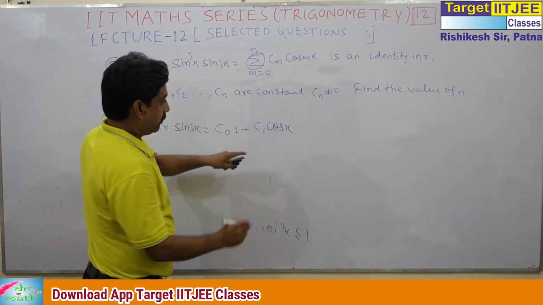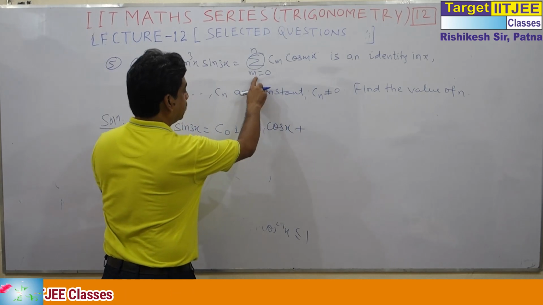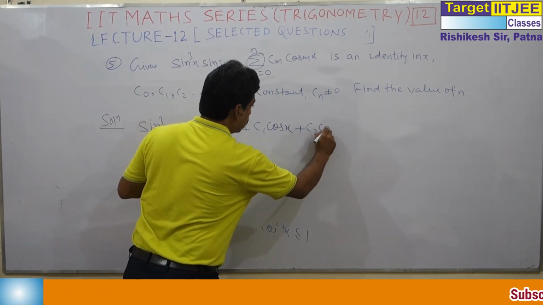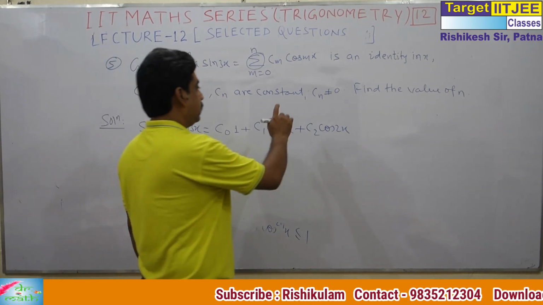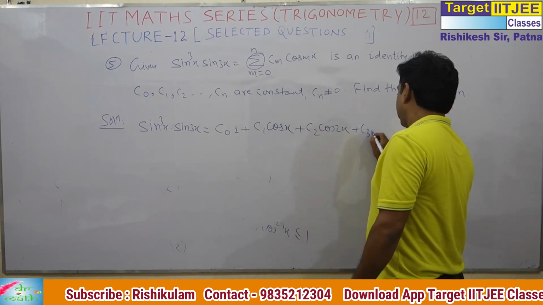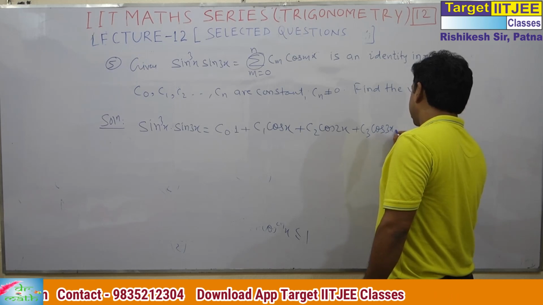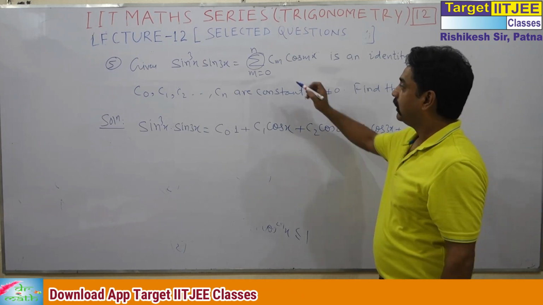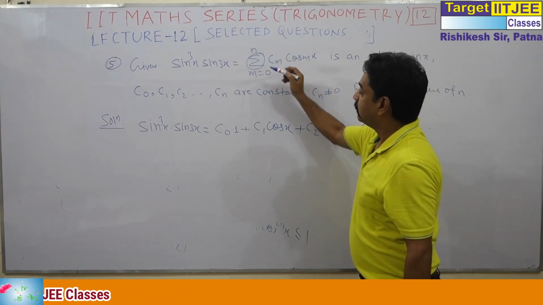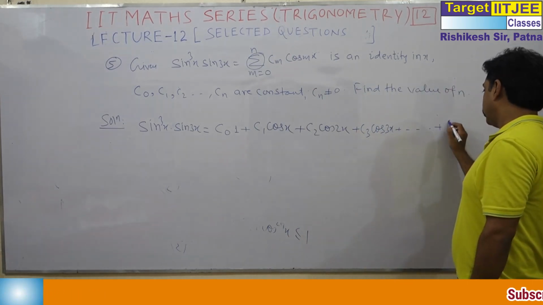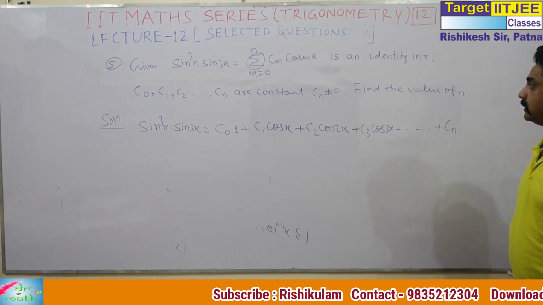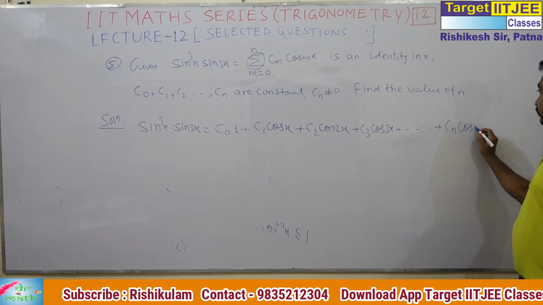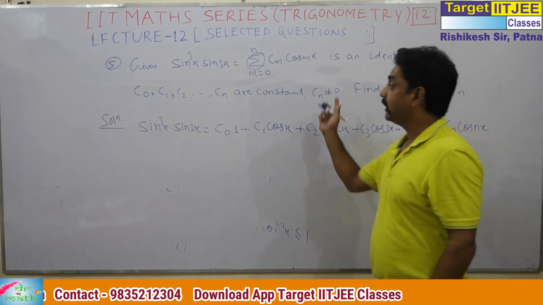Again put a plus sign. Then m equal to 2: C2 cos 2x. I think you have done it in progression. Then put m equal to 3: C3 cos 3x. And what is the final value? M from 0 to n means finally we put m equal to n, and this will be Cn cos nx. So this is the expression.